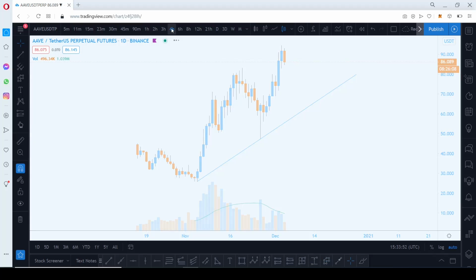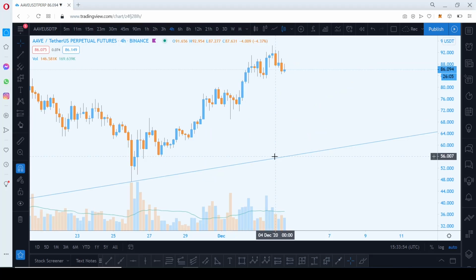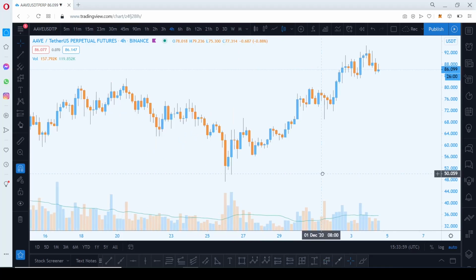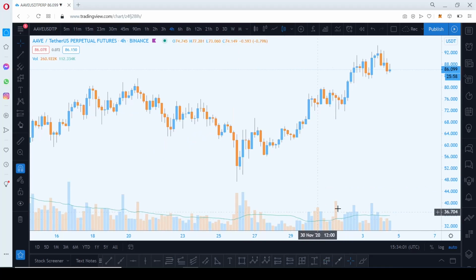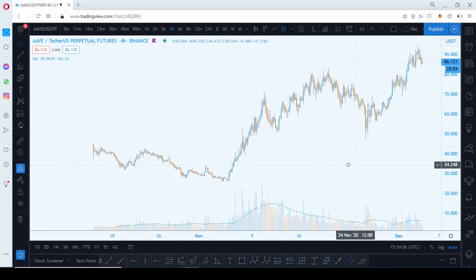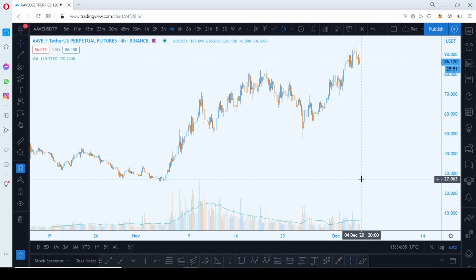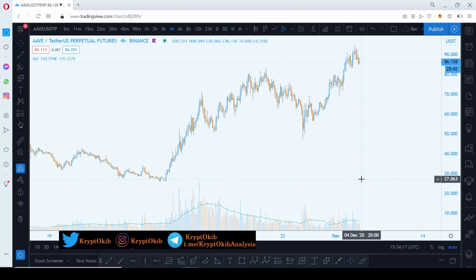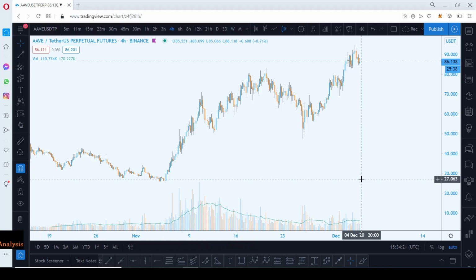Then you go to your 4-hour time frame. This is where some people want to find their entry zones and exit zones. Like their bias is bullish, right? They know the coin is currently going up, so they want to find zones of possible reversals where the price may come down, retrace to, then reverse back and continue the bullish movement on the high time frame, because they do say you do not want to trade against the trend.